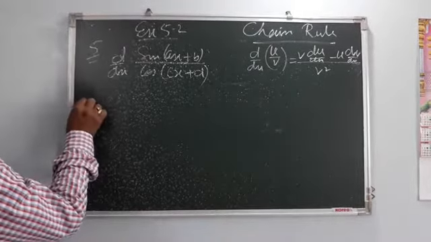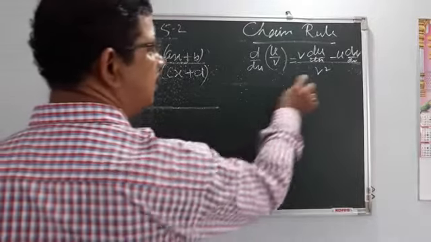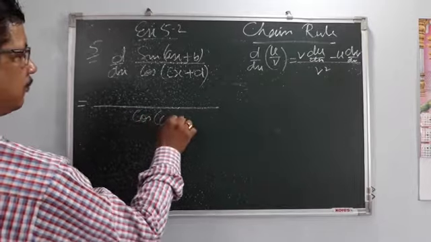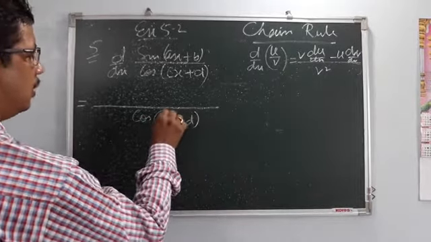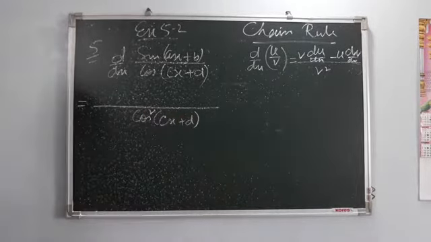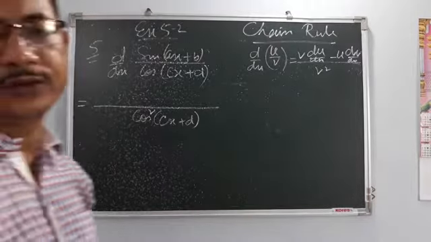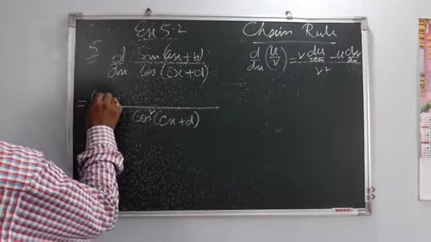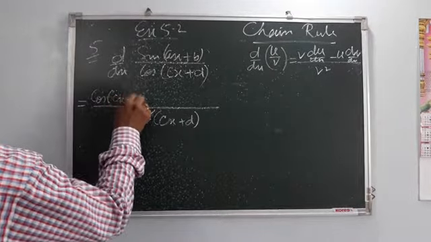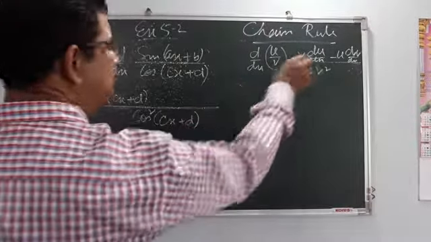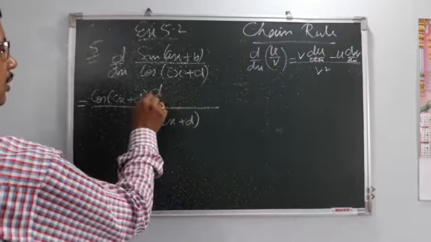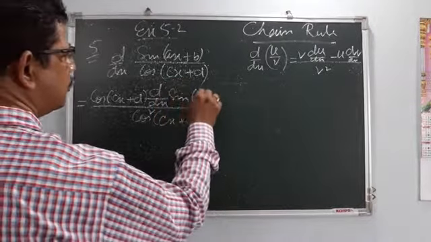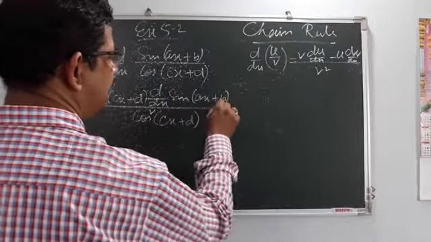So of course, if we use this formula, the denominator square is (cos(cx+d)) whole square, that is v square. After that, we will write v, which is cos(cx+d), into du/dx, that is the differentiation of sin(ax+b), as it is u.